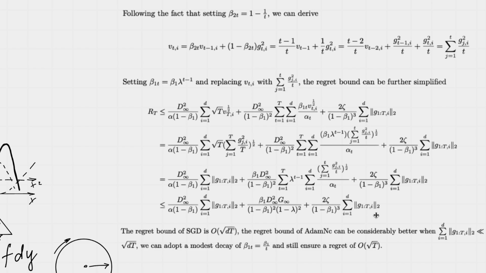The regret bound of stochastic gradient is the big O square root of dT, and the regret bound of fixed Adam, which is Adam NC, can be better when the magnitude of the gradient is much smaller than the square root of dT.